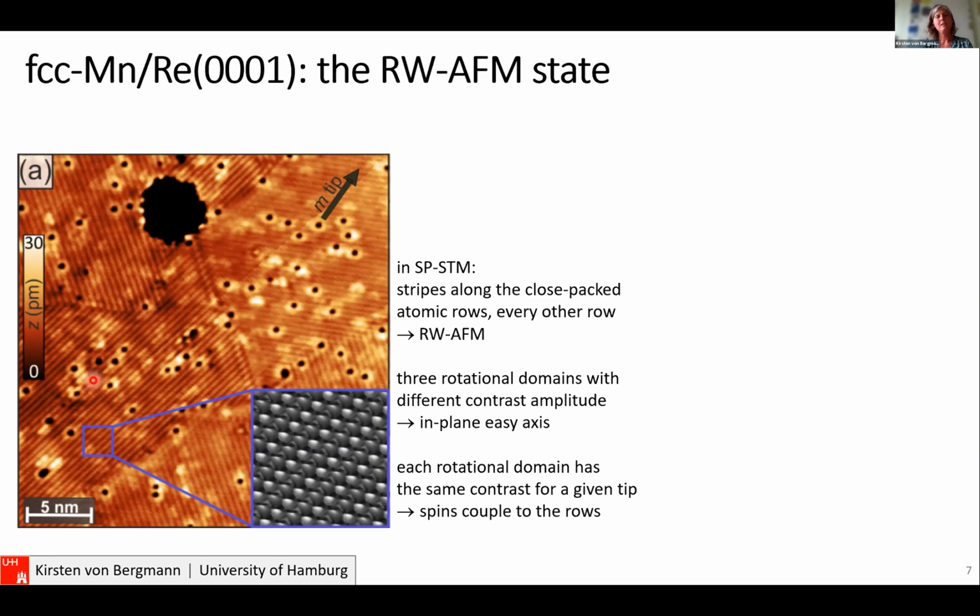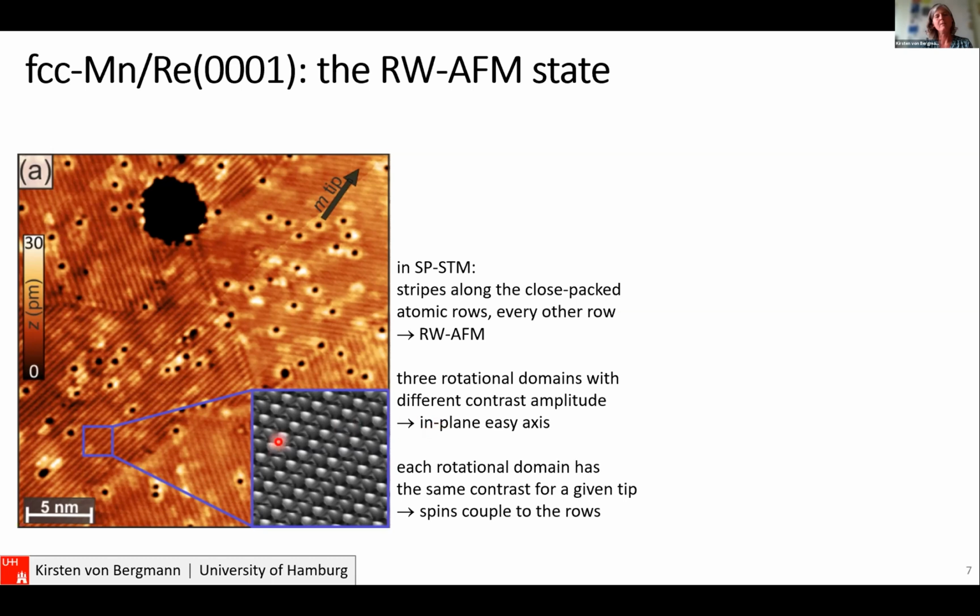And we see that it occurs in these 3 rotational domains. And because they have different magnetic amplitude, we can conclude that our tip magnetization must be somewhat in this direction, and that the spins on the sample are dominantly in plane.